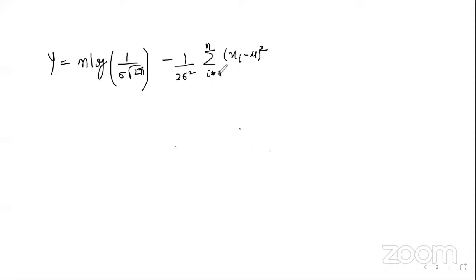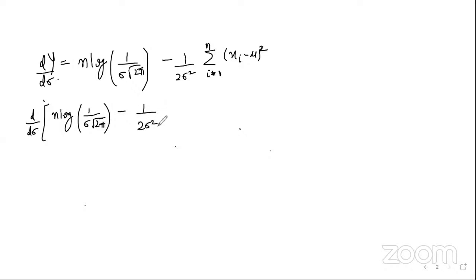Now we'll have to differentiate with respect to sigma, right? So differentiate with respect to sigma. What will you get? You will get d upon d sigma of n log 1 upon sigma under root 2 pi minus 1 upon 2 sigma square sum over xi minus mu whole square, i varying from 1 to n.